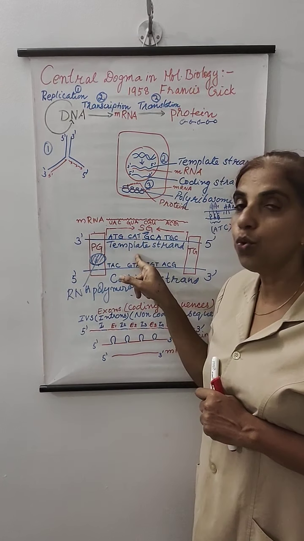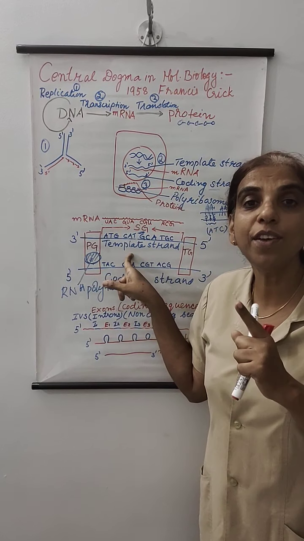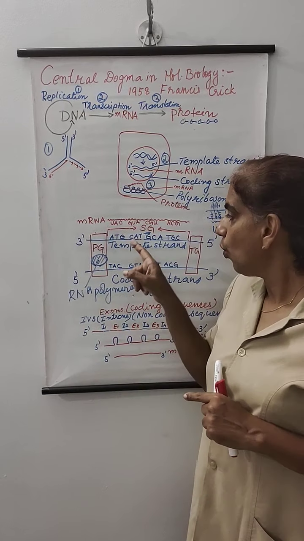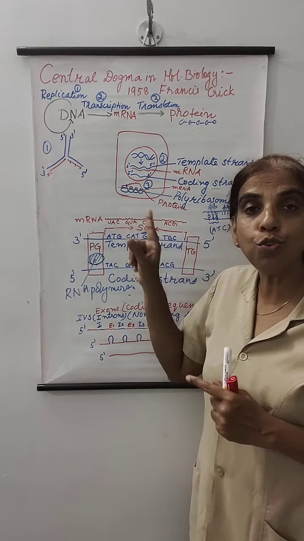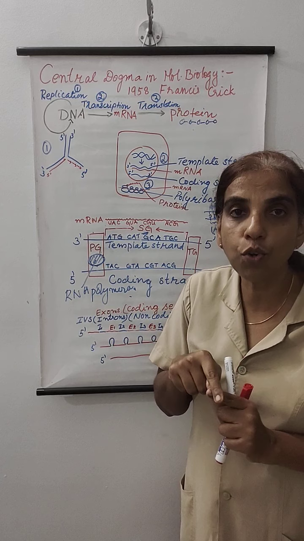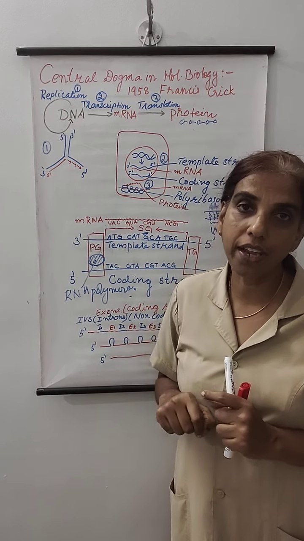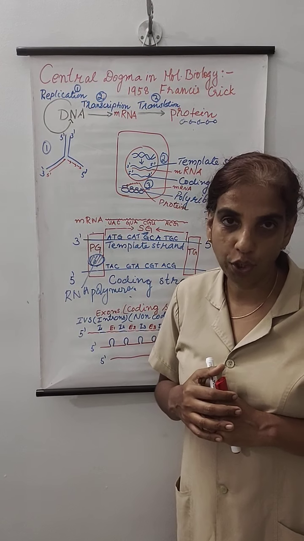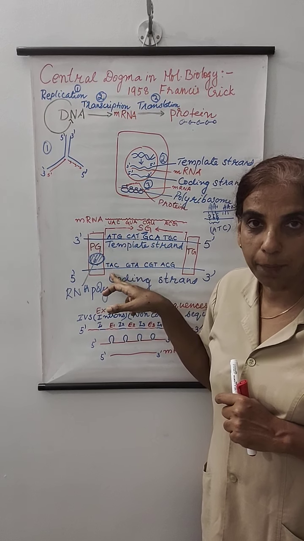So from this, you understand the first reason why only one strand is transcribed. The second reason is that if two messenger RNAs form, these two messenger RNAs will come close to each other and make a coil and can end up forming a double-stranded messenger RNA, which will not be translated into proteins. So we have seen all of transcription.